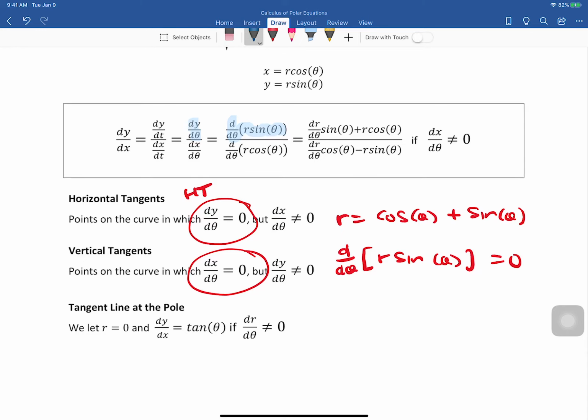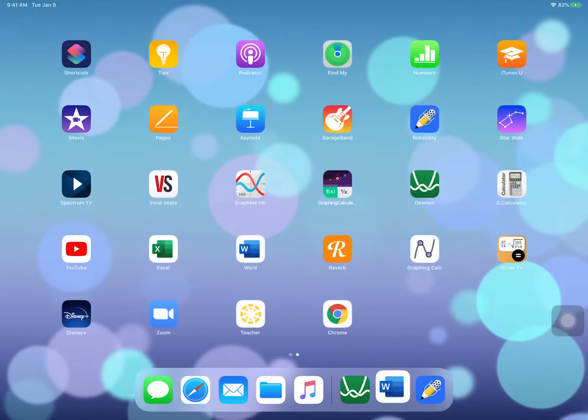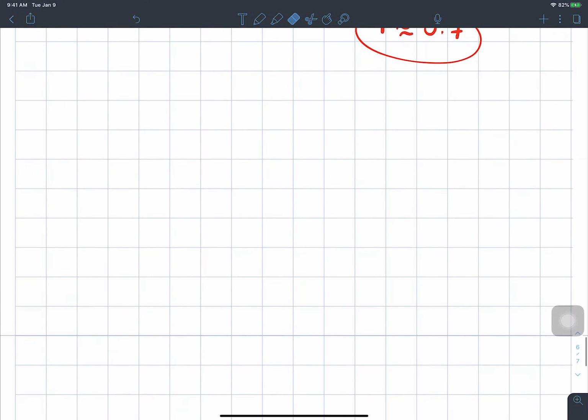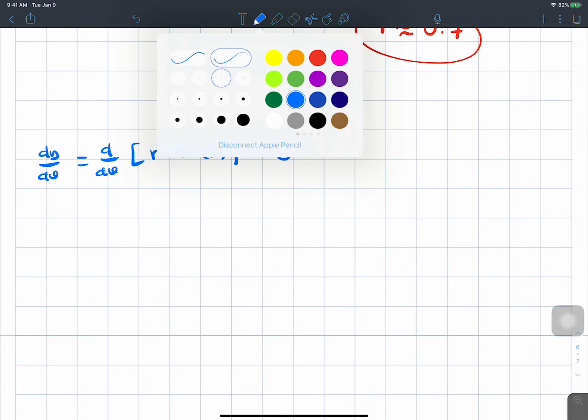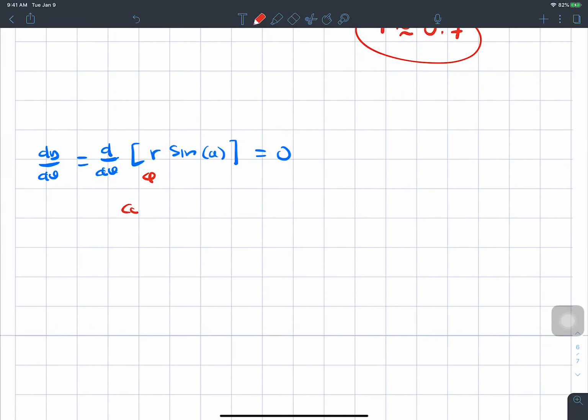So d theta of r sine theta, right? Because this is my dy d theta. That's the numerator. That should be 0. I've got to replace this r with cosine theta plus sine theta.